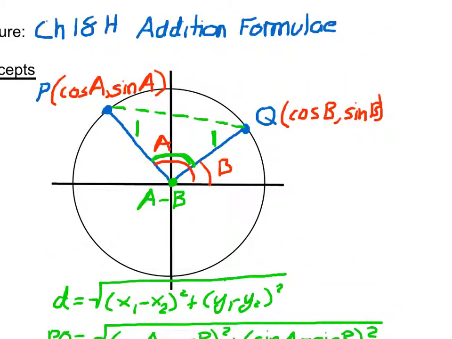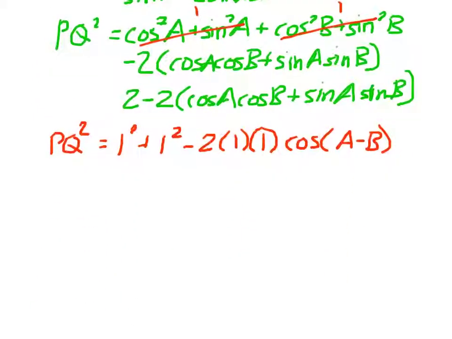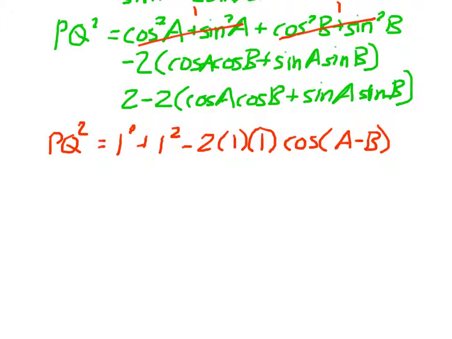We have this side and the angle between, so we can use the cosine rule to find this side. And that's what we've done down here. So now I have two expressions for PQ squared. Notice that the second expression can be simplified to 2 minus 2 times the cosine of A minus B.